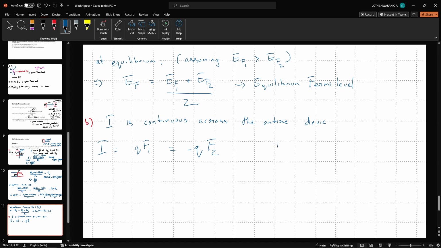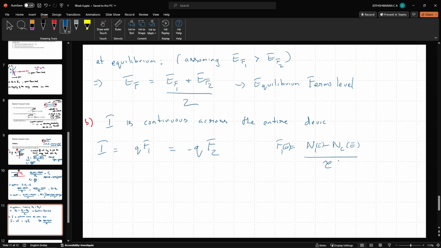And we know F1 is N1 minus NC, like essentially F1 at E, divided by tau. We know this to be the case. Now we have defined NC in terms of N1 and N2, so we are directly going to use that.